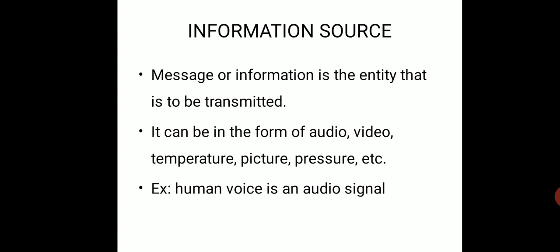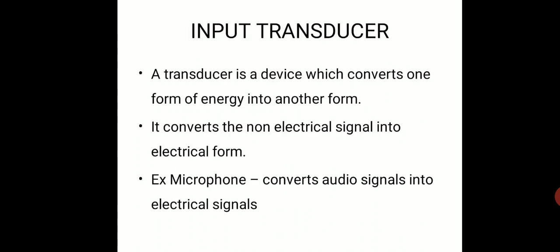For example, consider a human voice. A human voice is an audio signal, but in a communication system we can use only an electrical signal. So first we convert the audio signal into an electrical signal. So we go to the next block, input transducer. A transducer is a device which converts one form of energy into another form.